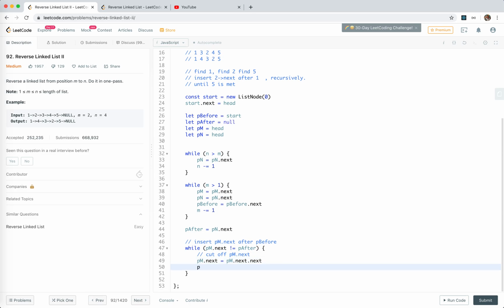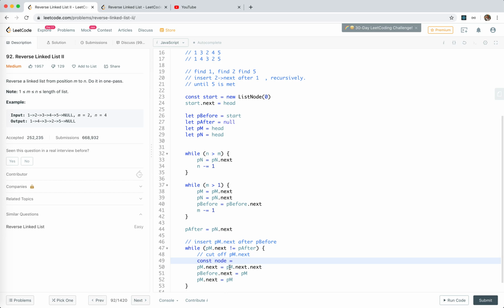And P before next equals PM. PM next equals PM. Oh no, PM done. Wait a minute.